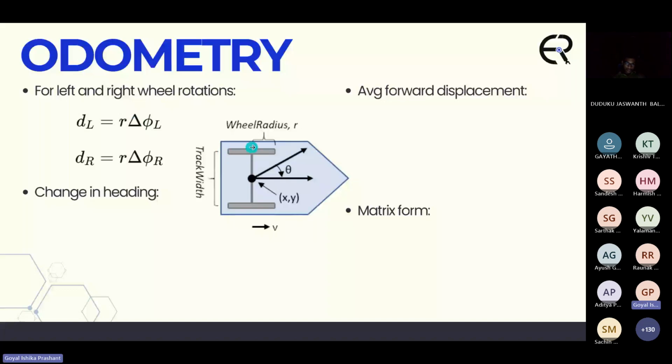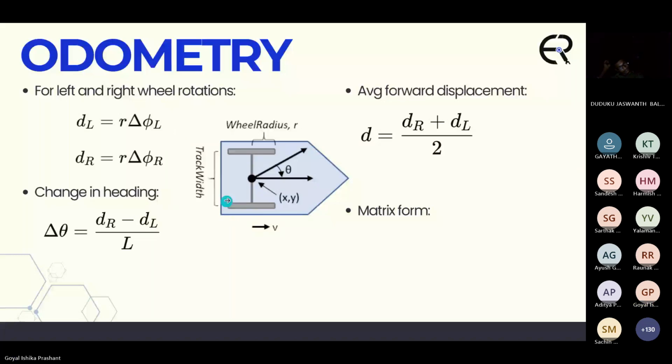The average forward displacement of the robot would be the average of these two displacements, and the change in heading, or the angle that the robot moves because these two wheels are at different velocities, can be calculated by taking the difference in the displacements that the two wheels moved and dividing it by L. L is the track width, or the length between the two wheels.